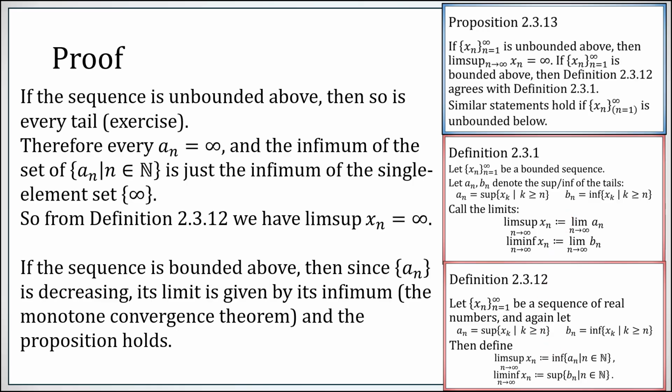That came from the monotone convergence theorem. So thanks to the monotone convergence theorem, these two definitions do agree when they both produce a result. So Definition 2.3.12 does not overwrite in a bad way Definition 2.3.1. It is completely consistent when bounded sequences are involved, but now gives us a way to talk about the lim_sup and lim_inf of unbounded sets as well.